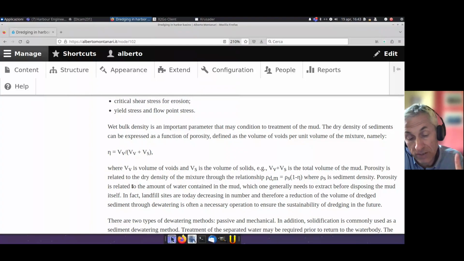And given that landfill sites are today becoming scarcer and scarcer, it is important that we try to use the landfill volume in the cheapest possible way.